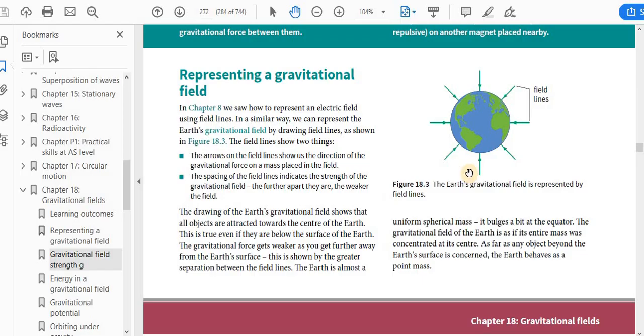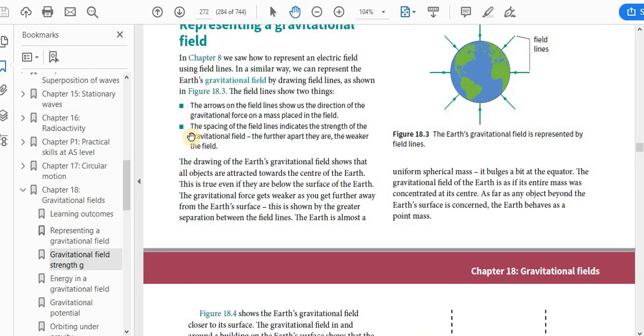In this case, the further and further you go from the earth, the greater and greater will be the distance between adjacent field lines. So the gravitational field gets weaker the further away you are from the earth. The spacing of the field lines indicates the strength of the gravitational field. The further apart they are, the weaker the field. The arrows on the field lines show us the direction of the gravitational force on a mass placed in the field.